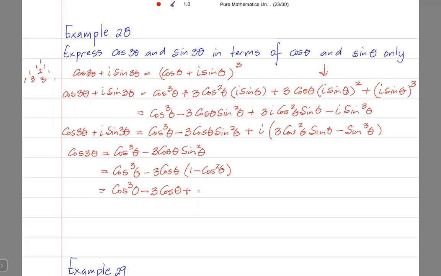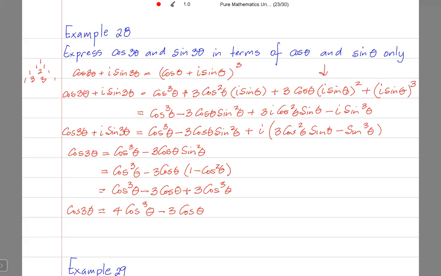And then now this is what? 3 cos cube theta. So this is equal to cos cube theta plus 3 cos cube theta is 4 cos cube theta minus 3 cos theta. And this is cos 3 theta. So cos 3 theta is equal to that.